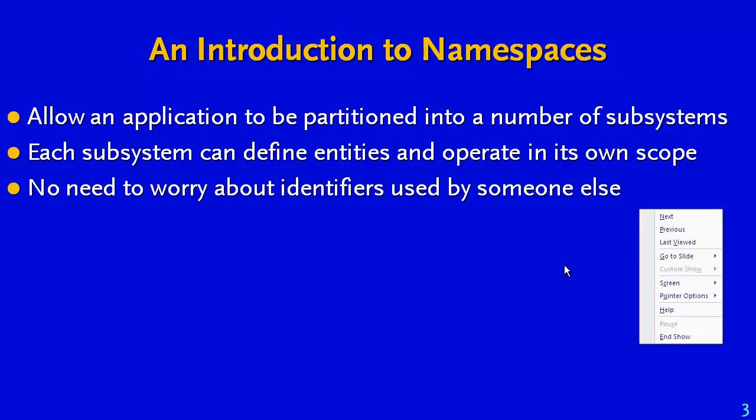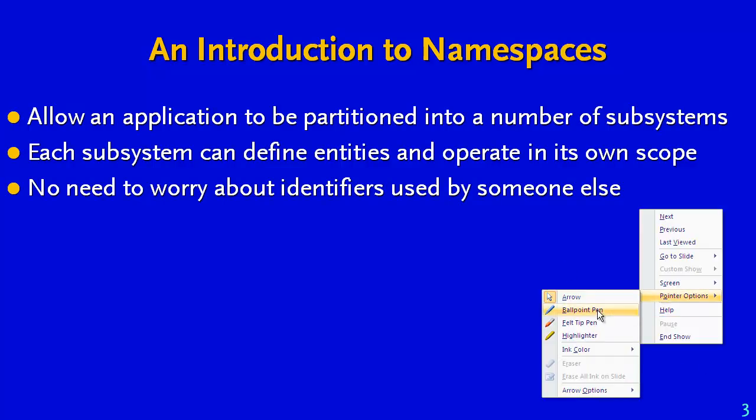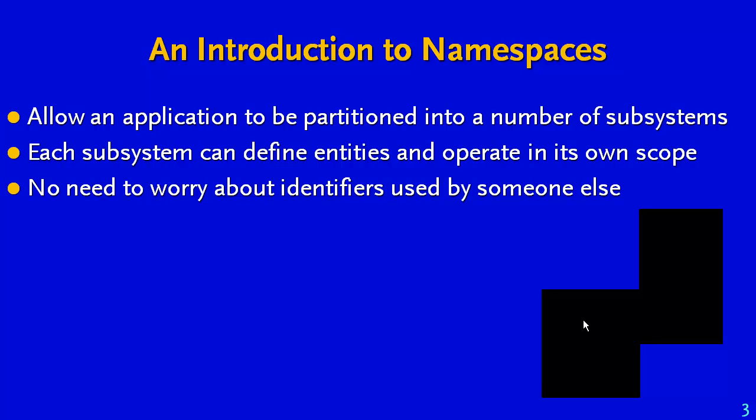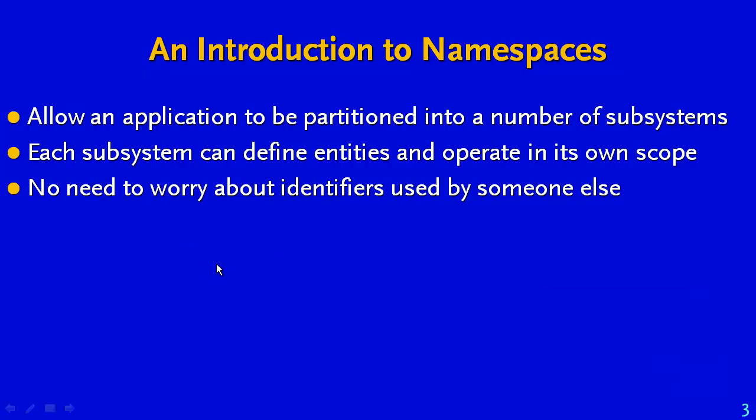So let me just draw a diagram here before we start on the details. Let me draw a puppet for the developer. So I've got one environment. It's a big developer.